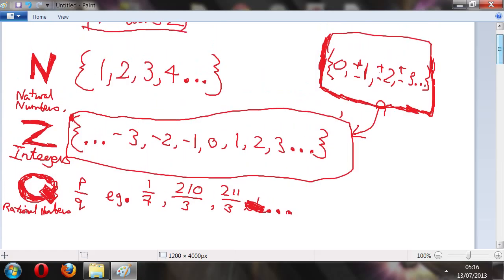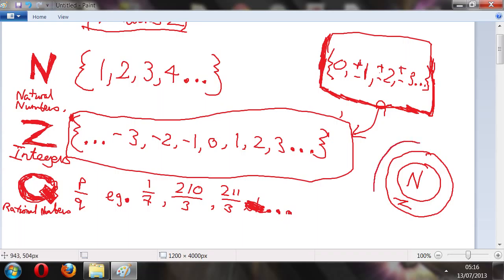But yeah, if you look at this, what's important to realize at this juncture is this set N is inside the set Z, and that is inside the set Q. So yeah, that's basically it.